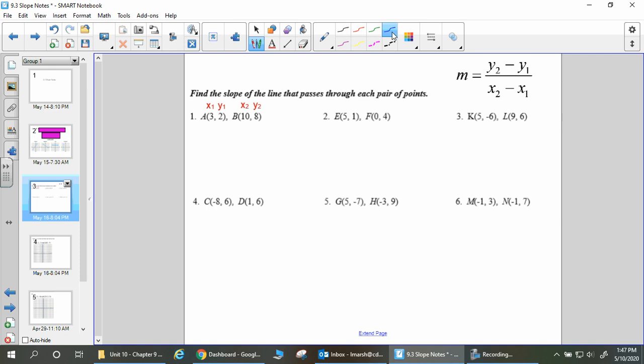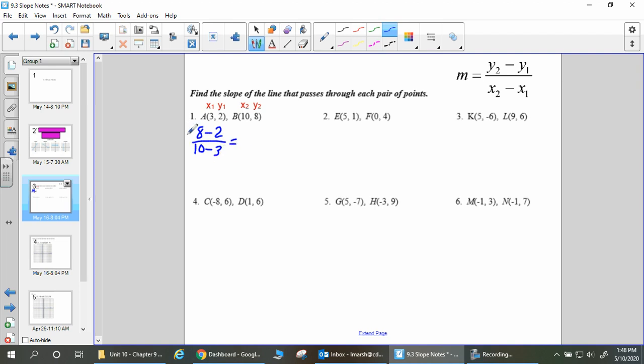So if we are finding our slope, y2 is 8 minus y1, which is 2, over x2 is 10 minus x1 is 3.